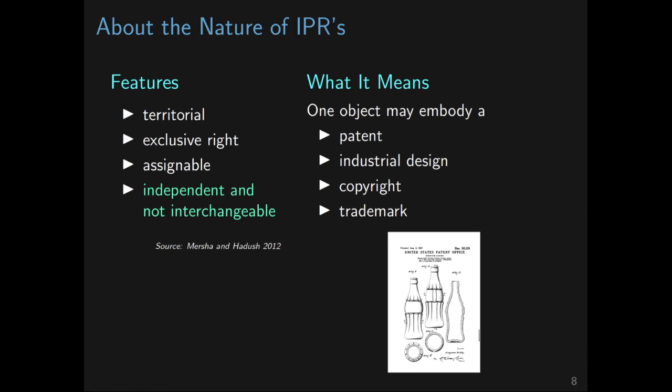But later on, the Coca-Cola company also used the bottle as a distinguishing packaging for its product. And in this manner, it served as a trademark for the drink. And so later on, they also registered a trademark using the bottle.